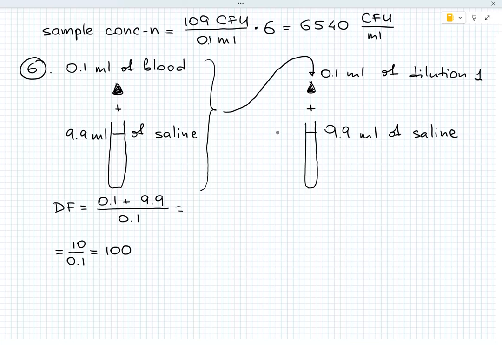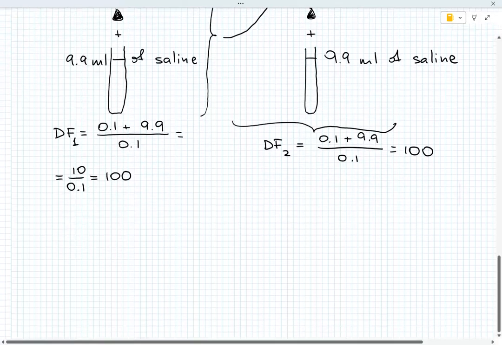Sounds good? What is the second dilution factor? Is this dilution any different from the first one? No. Well, the same, of course. So dilution factor 2 is 100.